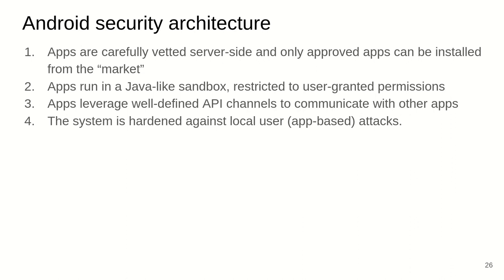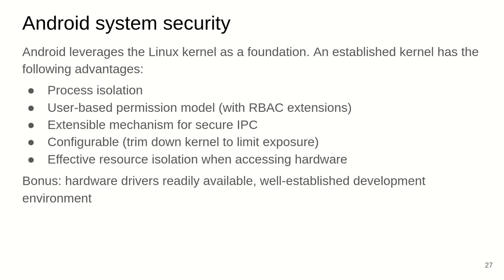On mobile platforms, this was replaced through a central market that either Apple or Google controls. The applications run in a Java-like sandbox, restricted to these user-granted permissions, and then leverage this well-defined API channel to communicate with other apps. The system is hardened against local users and different kinds of app-based attacks.